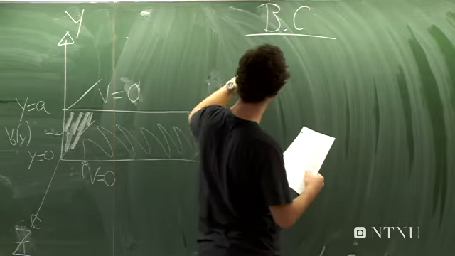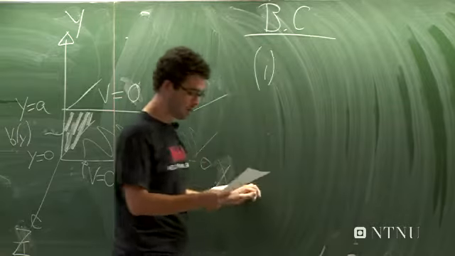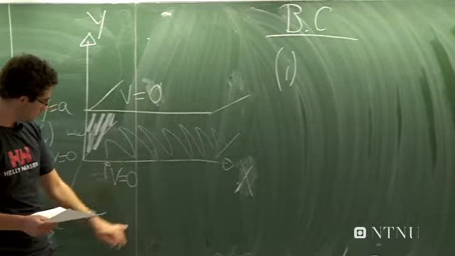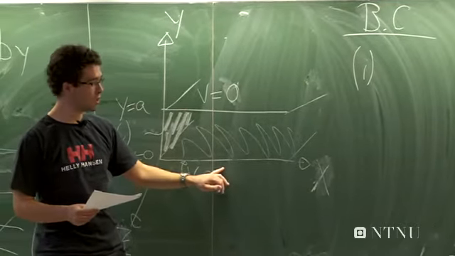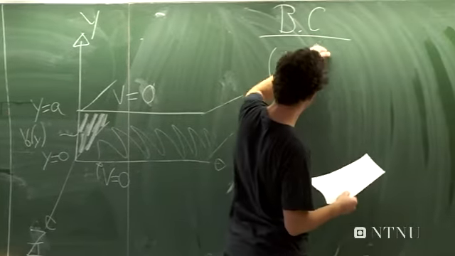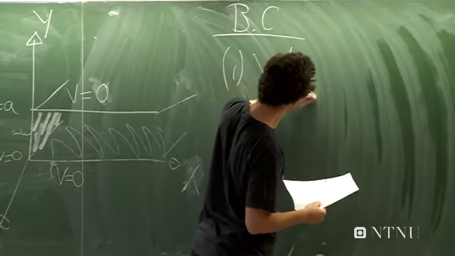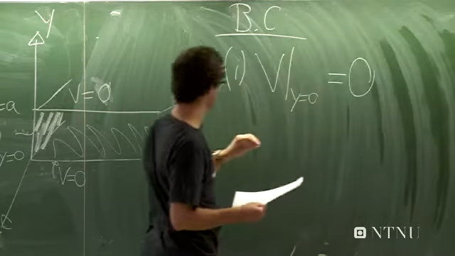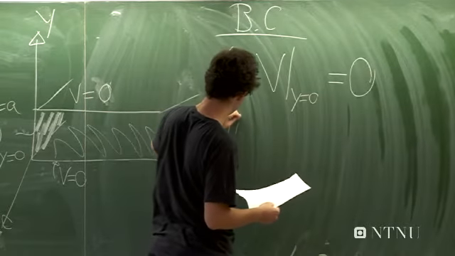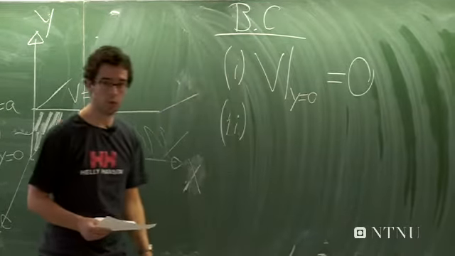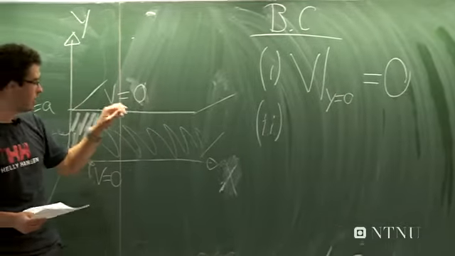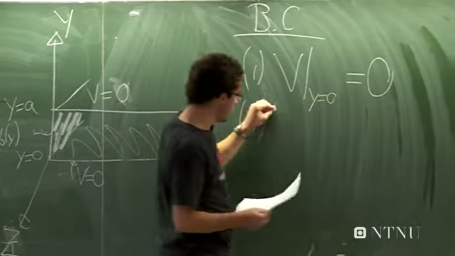Let's see. First of all, at this bottom plate, the potential has to be 0. Second of all, it has to be 0 on the other plate at y equals a.